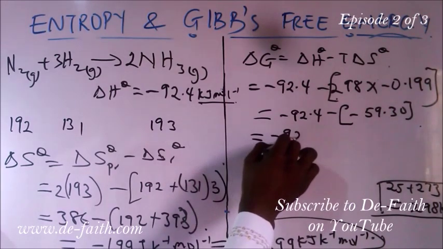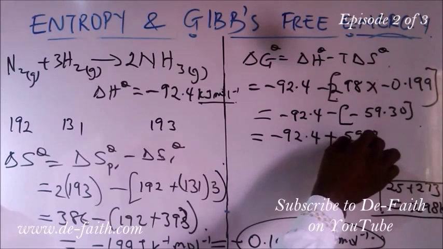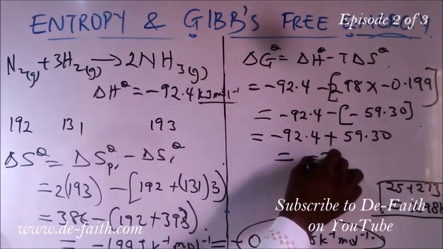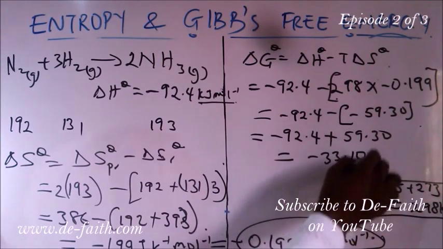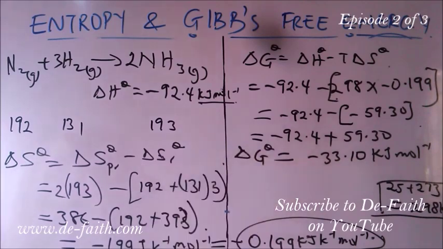So we have minus 92.4, minus times minus gives us plus 59.30, and minus 92.4 plus 59.3 gives minus 33.1. So minus 33.10 kilojoule per mole. So this is the standard Gibbs free energy. A negative value over here indicates that the reaction is a spontaneous reaction.